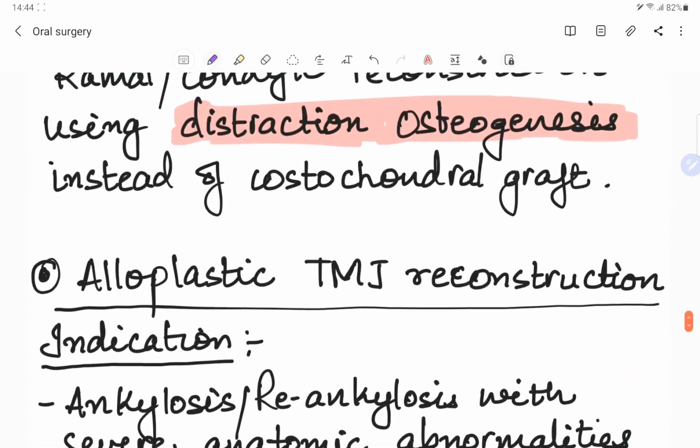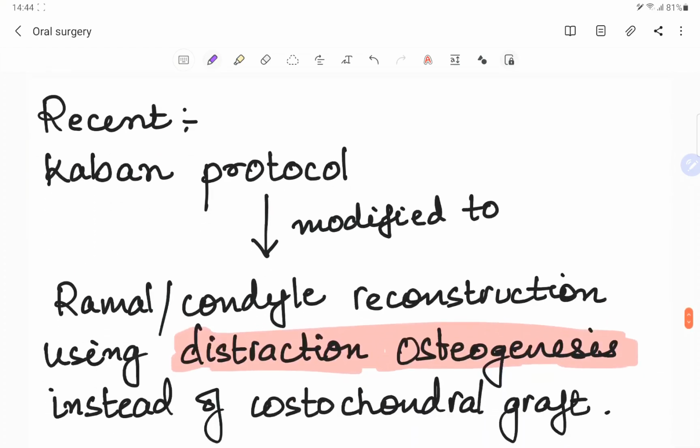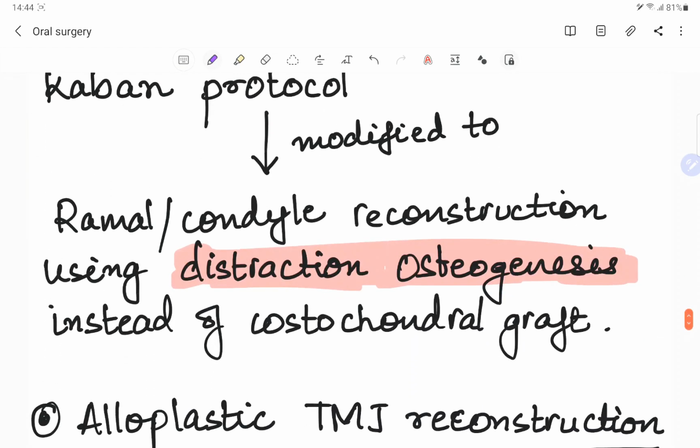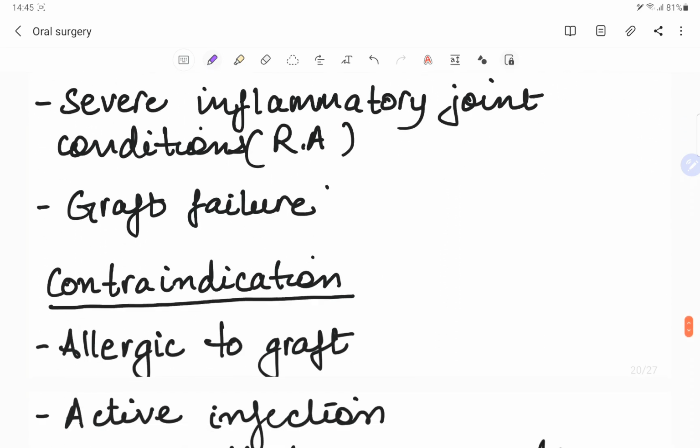If you remember the last video, I told you recently we use distraction osteogenesis instead of the costochondral graft. So instead of putting one more incision at the chest, I mean below the chest, and then taking out the 5th or 7th rib, there is no requirement of a donor site. We use this distraction osteogenesis.